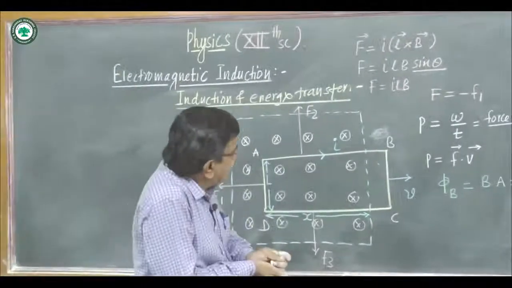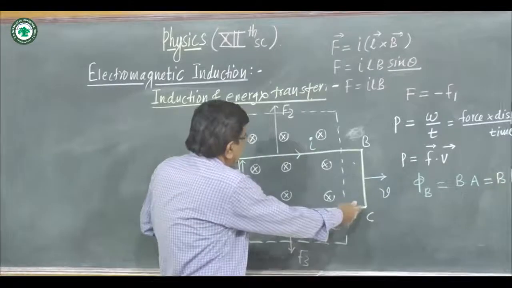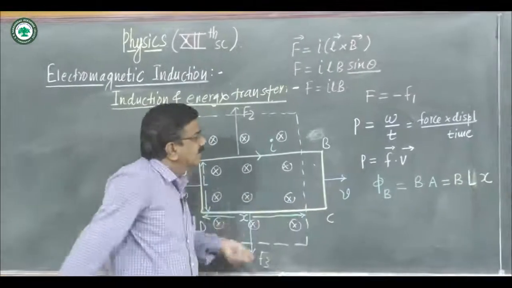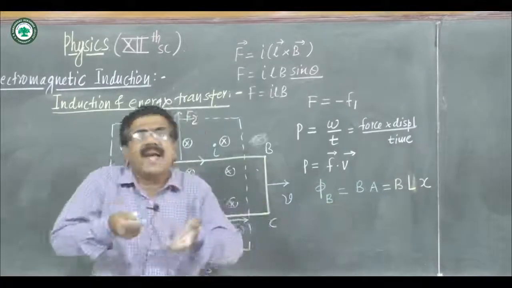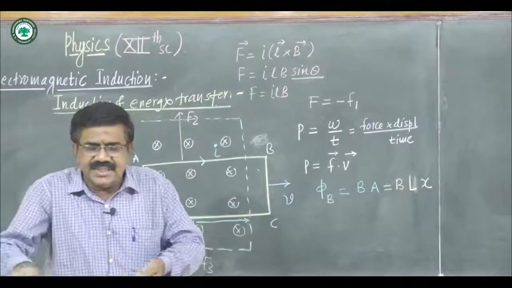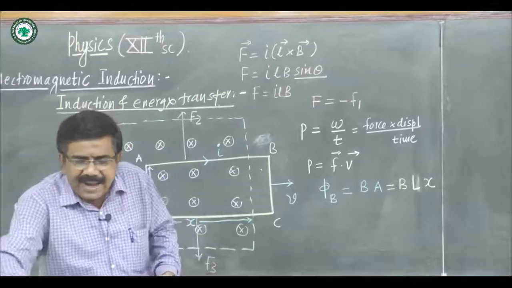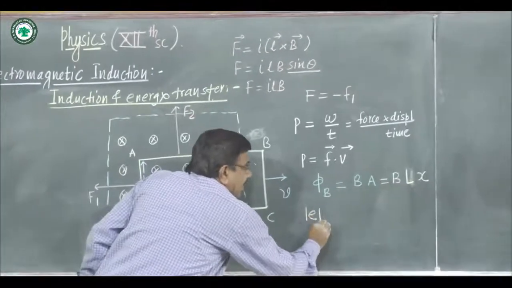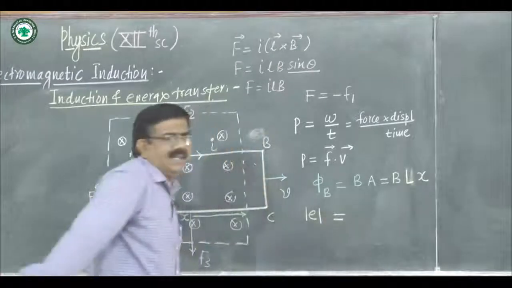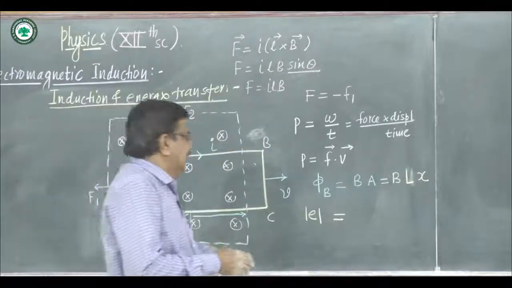As x decreases, this area decreases and flux decreases, and due to the change in magnetic flux there is an induced EMF, and the magnitude of the induced EMF is given by d phi upon dt.